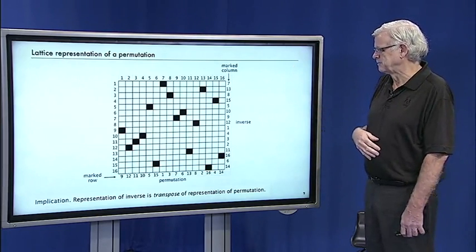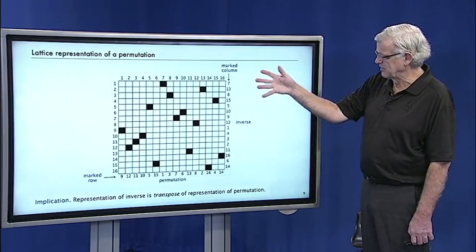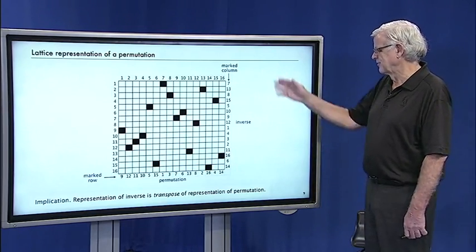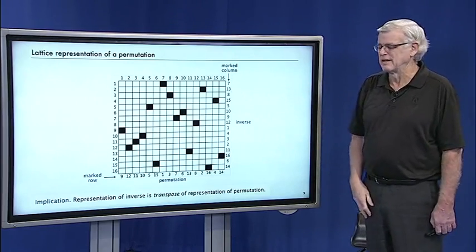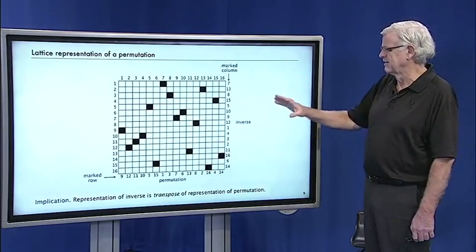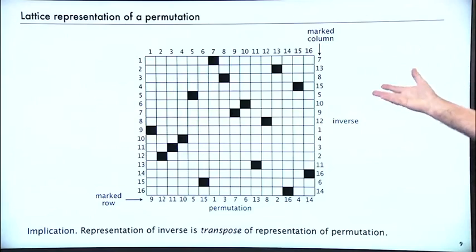In the permutation, 1 maps to 9, and then in the inverse, 9 maps to 1. So that block is interpreted both ways. And in fact, if you take the transpose of the lattice representation of the permutation, you get the representation of the inverse. So that's an interesting way to look at permutations.